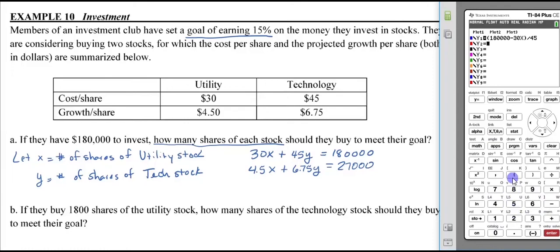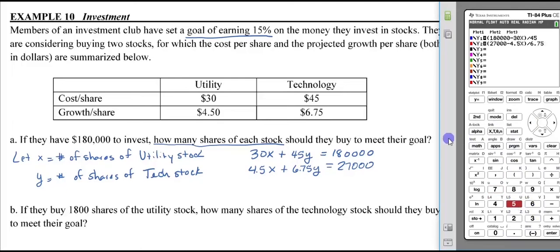Then we have the other 27,000 and subtracting 4.5x, closed my parentheses a little too early. 4.5x, close the parenthesis and divide that by 6.75.